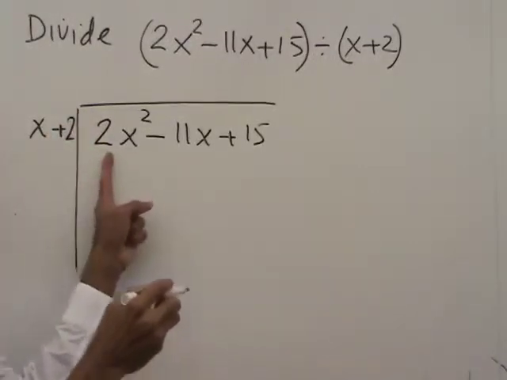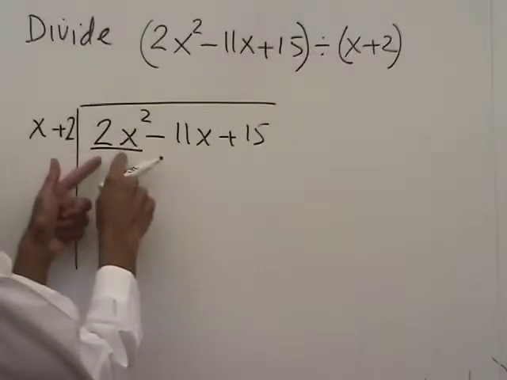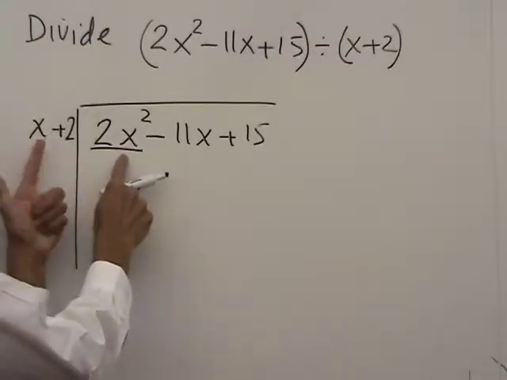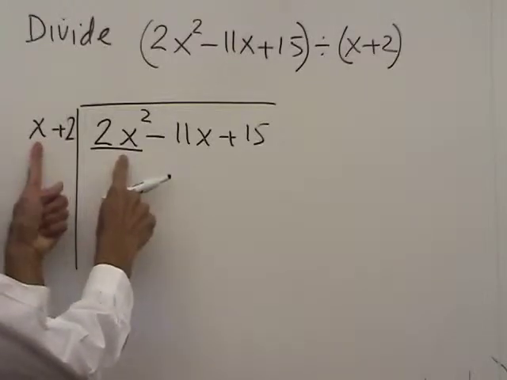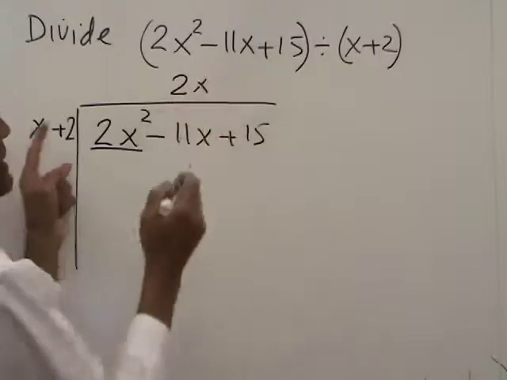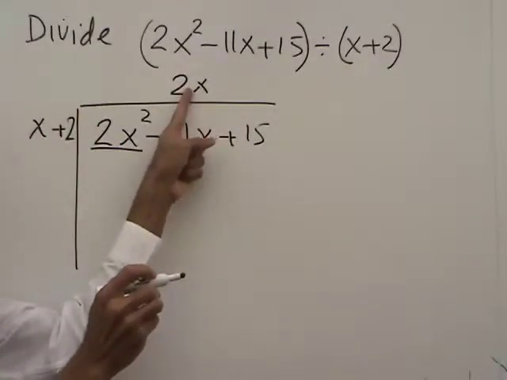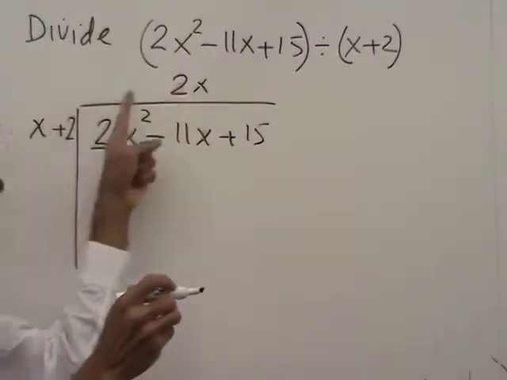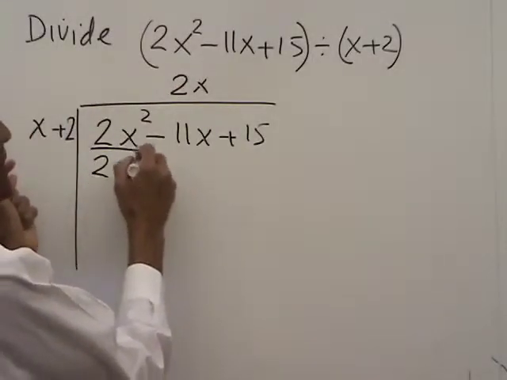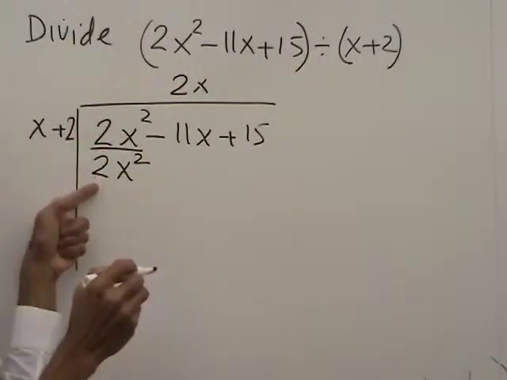Alright, first thing to do is 2x squared divided by x. Now what is 2x squared divided by x? It is 2x. We write it on top. And now multiply this 2x with the x. 2x times x is 2x squared. Write it below 2x squared.